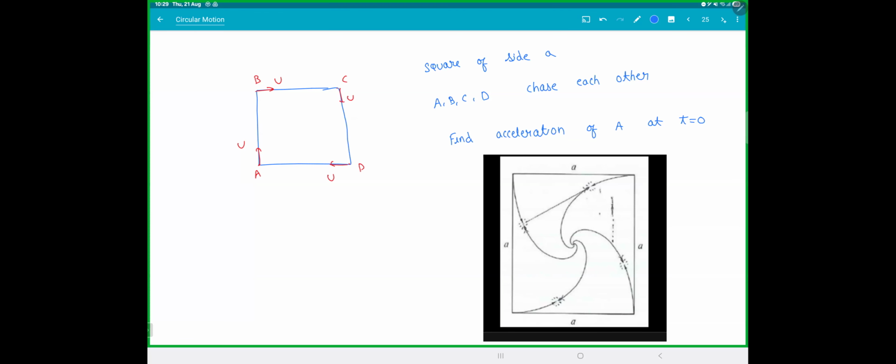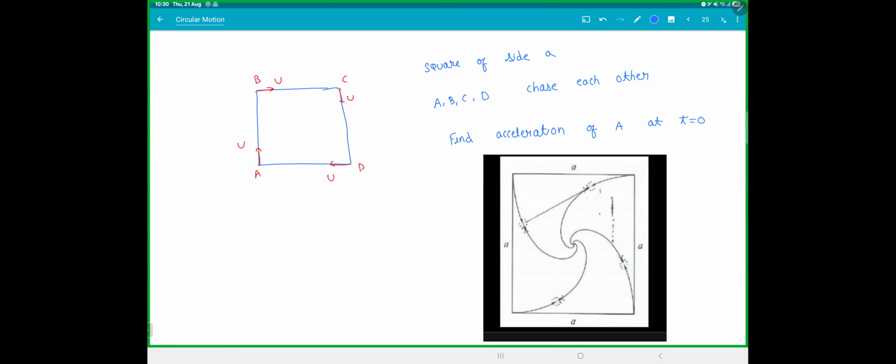U square by A, okay. Root V square by A, okay.